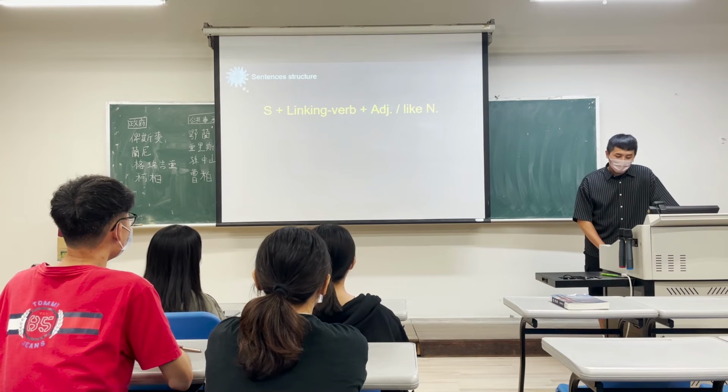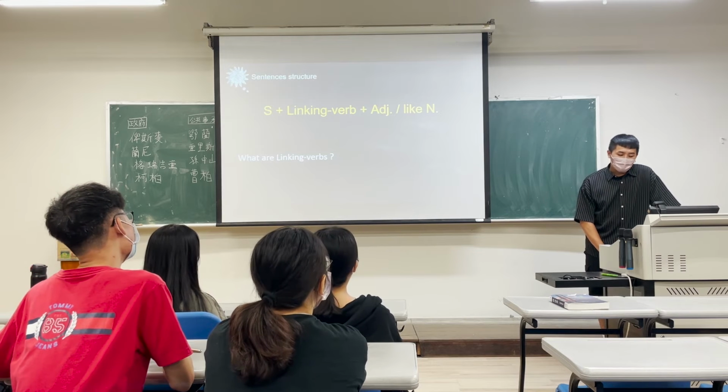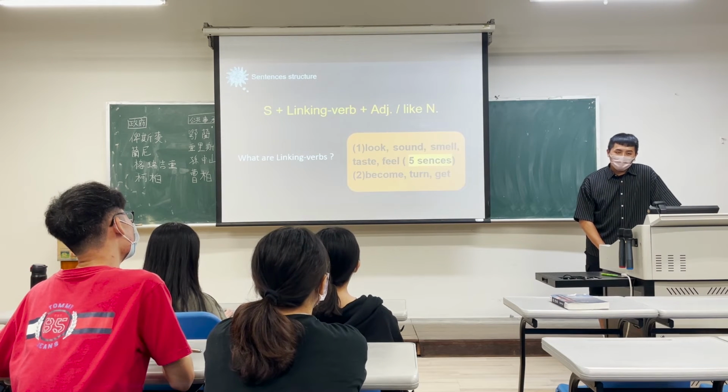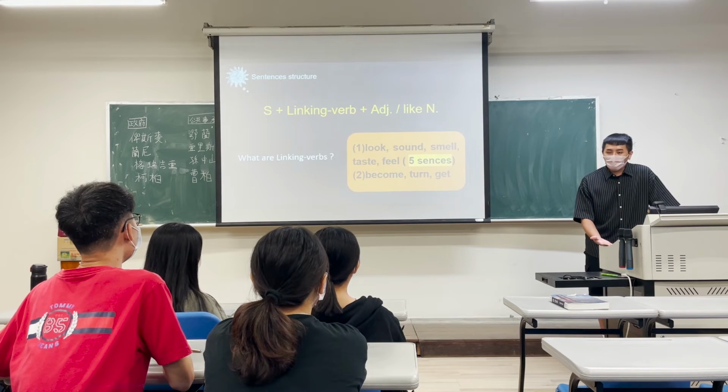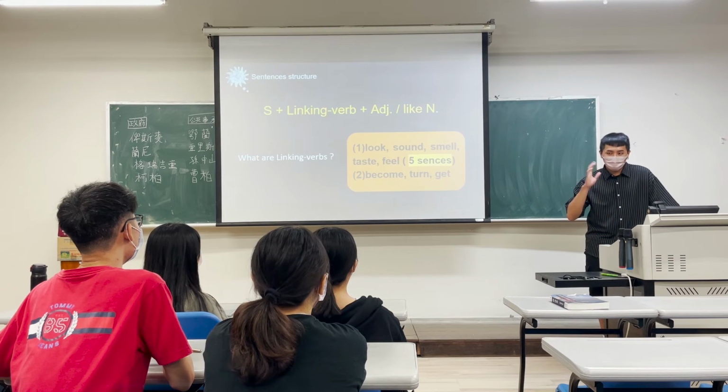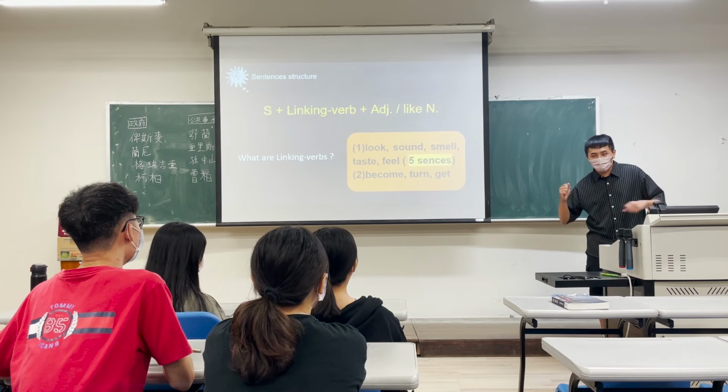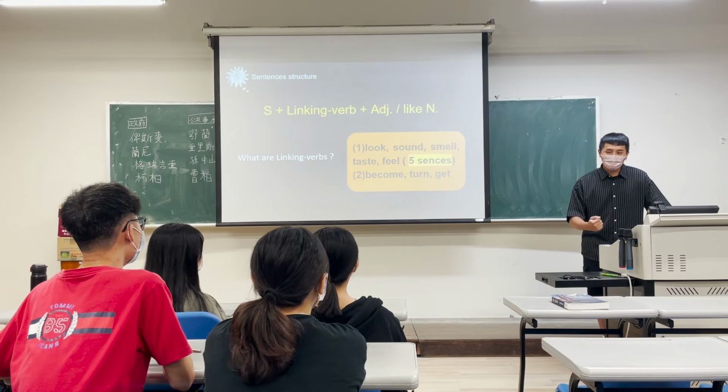Okay? So what is a linking verb? So linking verbs are basically verbs that are intransitive and we can't see an actual action. What do I mean by actual action? Like hit. We can think of an actual action, like we hit the ball or hit a person. We can visualize it in our head, right?